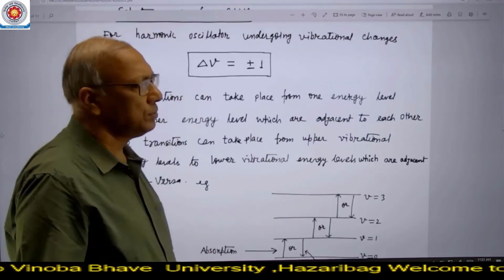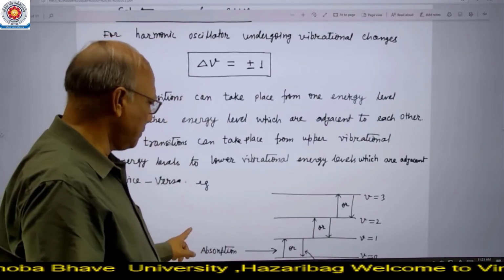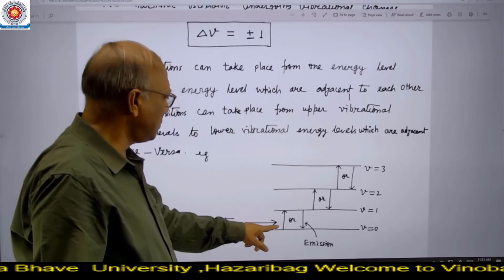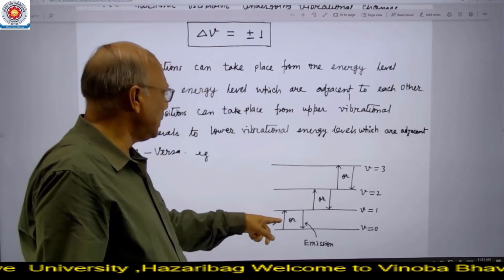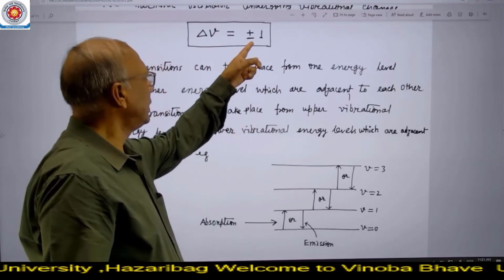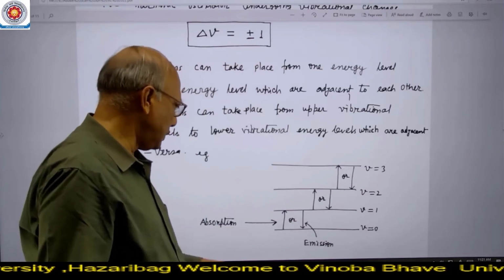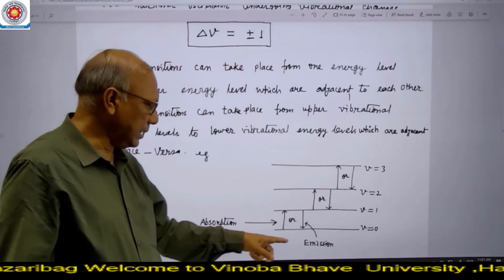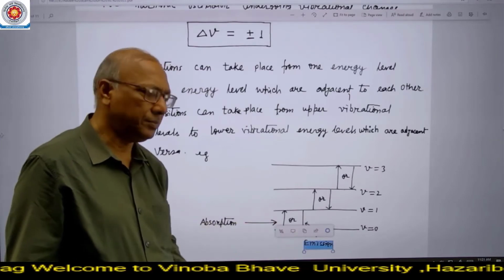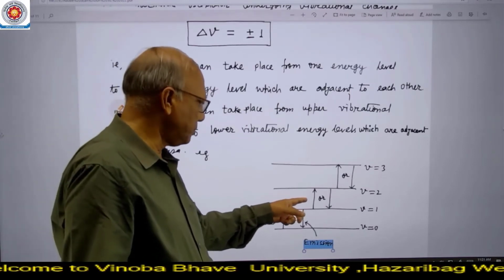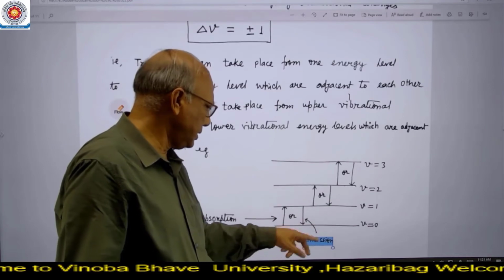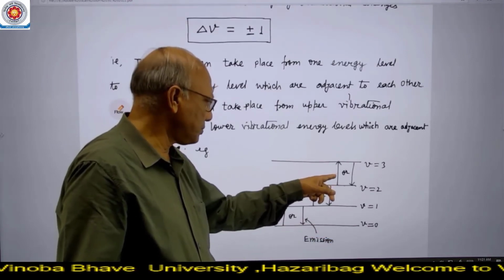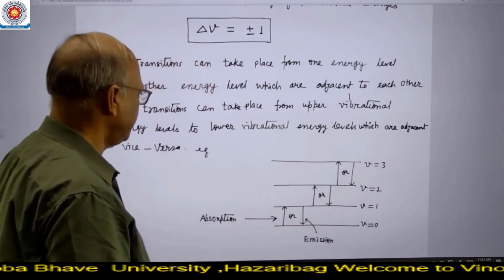Our selection rule is delta V is equal to plus minus 1. So this transition is for delta V is equal to plus 1, and this transition is for delta V is equal to minus 1. This is called absorption of energy, and this is called emission of energy. Here also it is absorption, here it is emission, here absorption and emission.